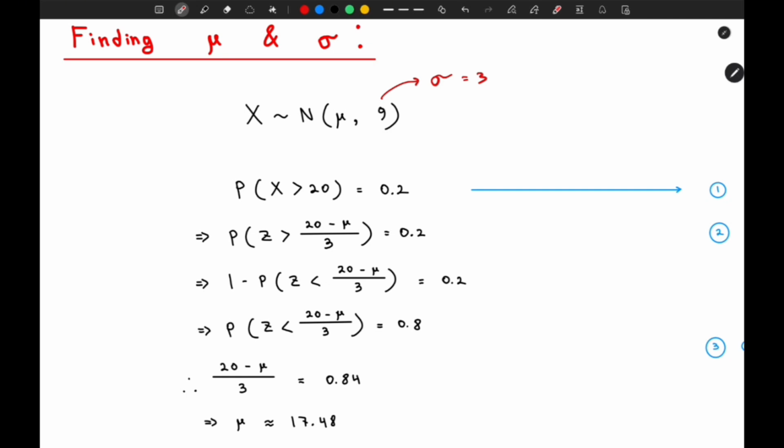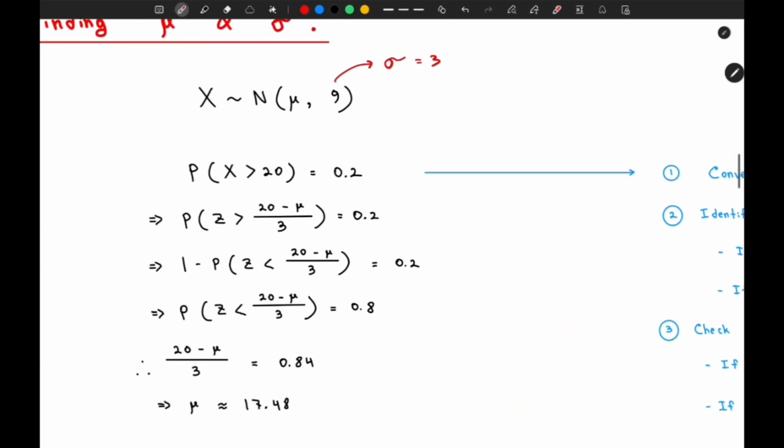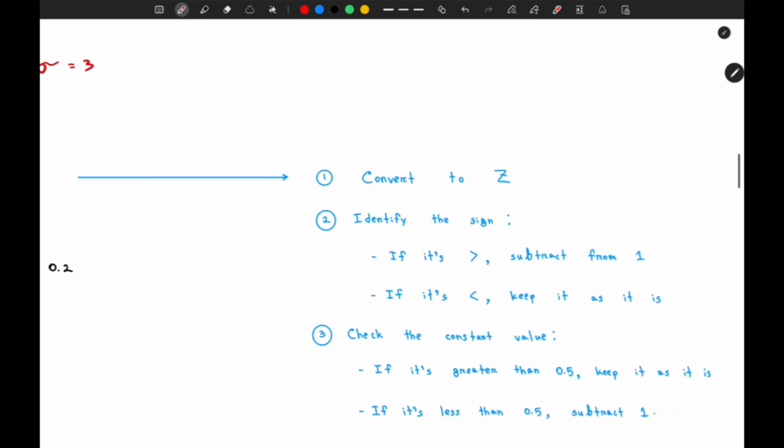Okay, so I have written out a process. The first step, you need to convert the values of x to z. So we have done it in this part using this formula, so that z equals x minus mean over the standard deviation. And the second step is that we need to identify the sign.